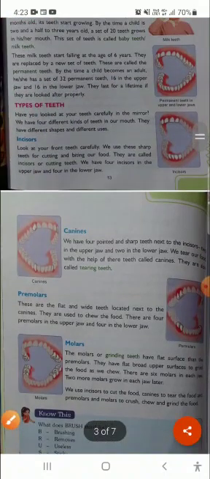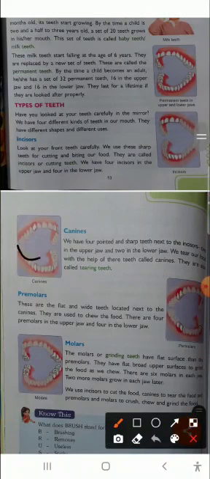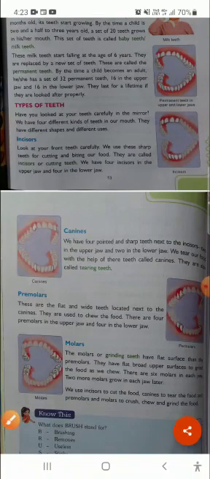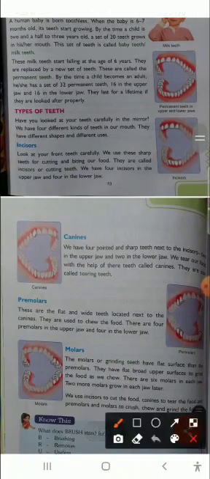But what you have to do is make a proper diagram of teeth. See how you will make it. First of all, the incisors, you will draw like this.